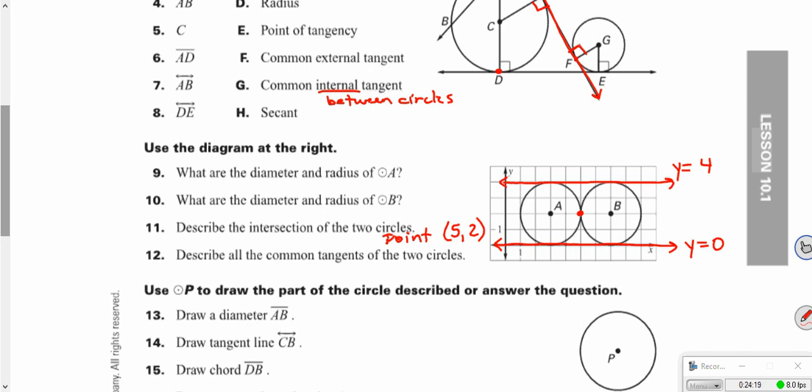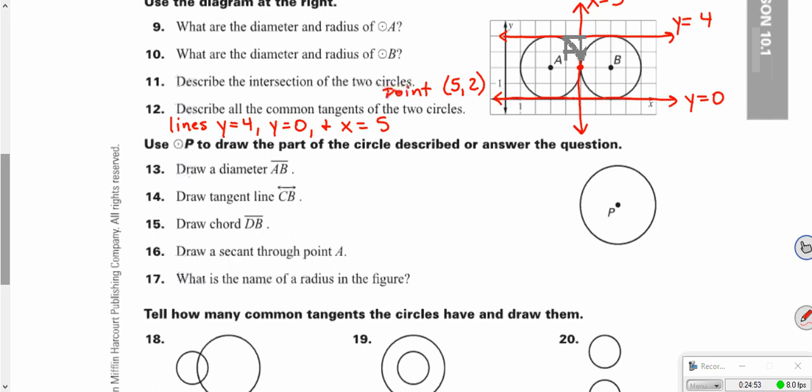And then I would also have a common tangent that went right down through the center of them that hit that one tangent point. That would be the equation of my line x equals 5. Okay, so describe all common tangents. There'd be 3. I would just put lines y equals 4, y equals 0, and x equals 5. Those would be my common tangents.